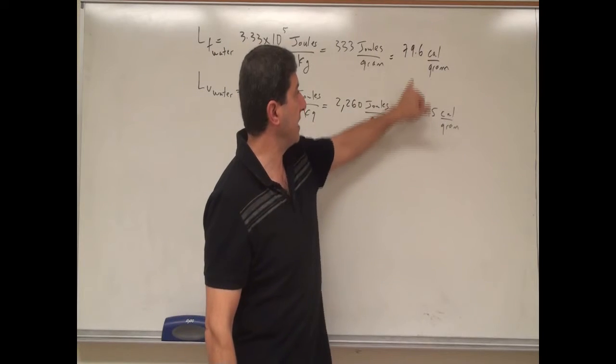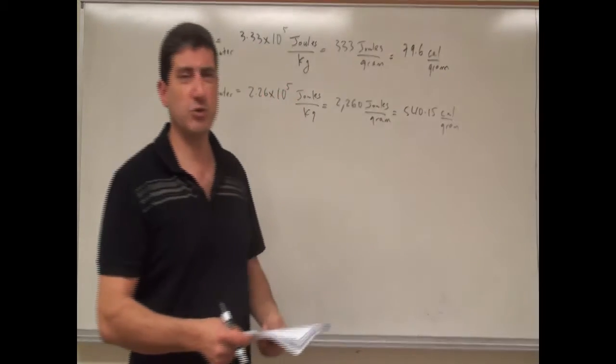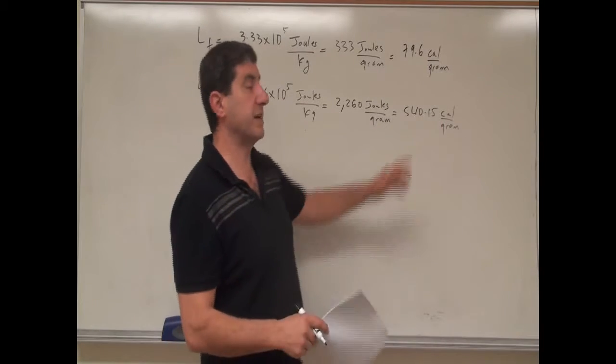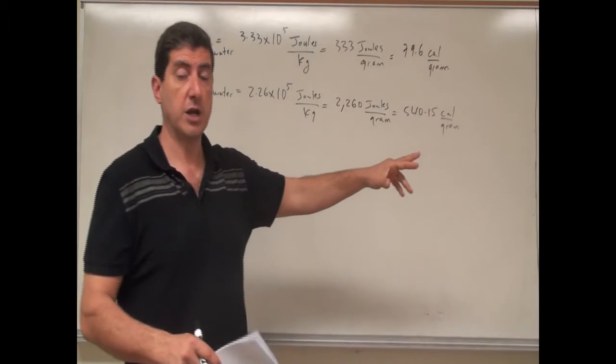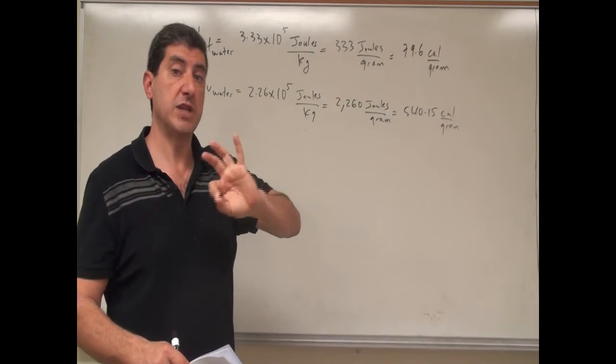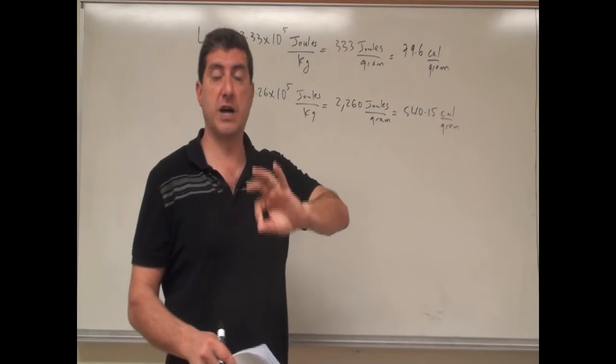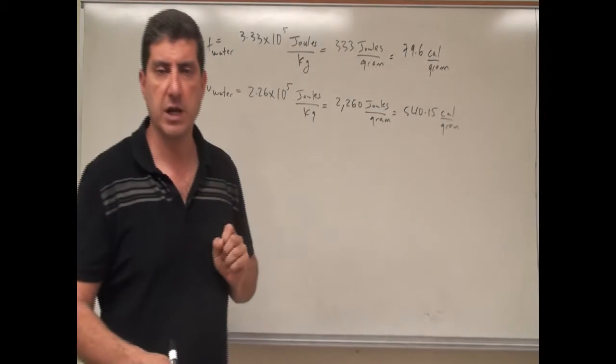So if you divide this 540 by 80, you get about 6 to 7, right? So it's about 6 to 7 times harder to change liquid water into gaseous water as it is to change solid ice to liquid water, right? Well, what's happening?